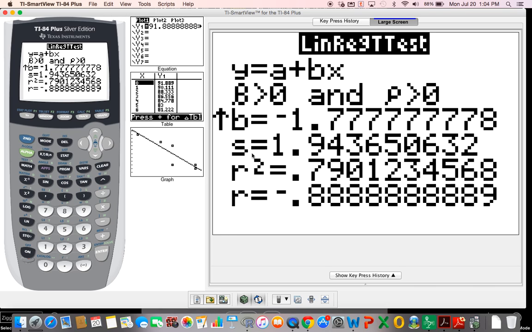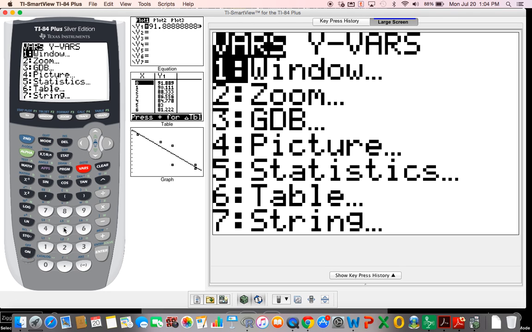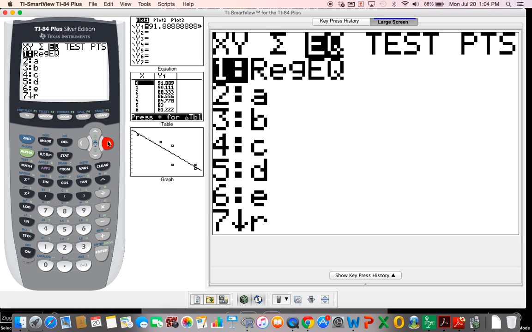Now, since I've got this worked out, my R and R squared is saved in my calculator according to the problem I just worked. So what I can do is go to my home screen, and go over here to variables, go to number 5, go over to equation, and come down to number 7.